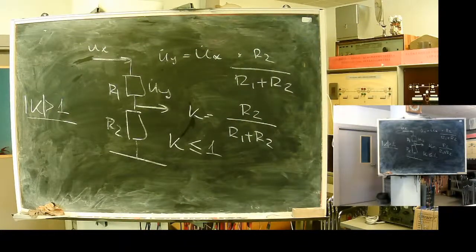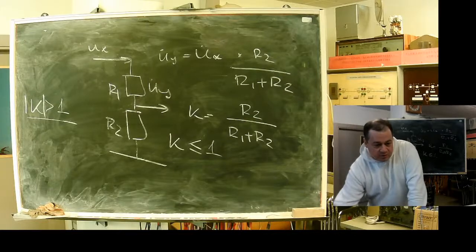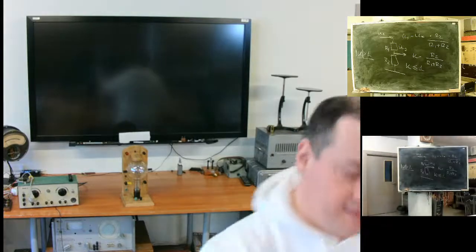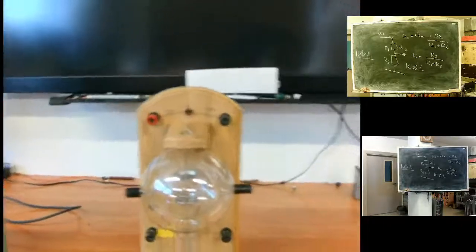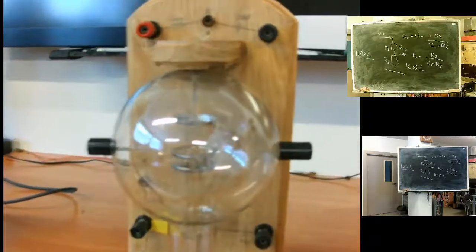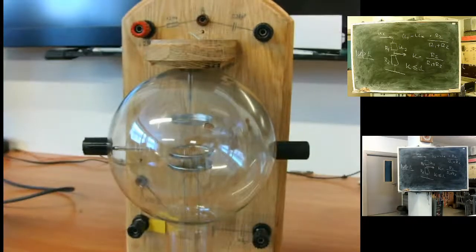That's an eyeball, right, Professor? Yeah, it's a so-called triode. 3 electrodes. First I need to get it visible. 1 second, I'll come closer. I think it's okay.